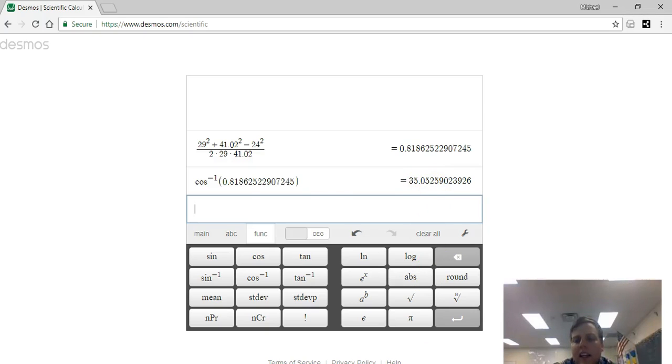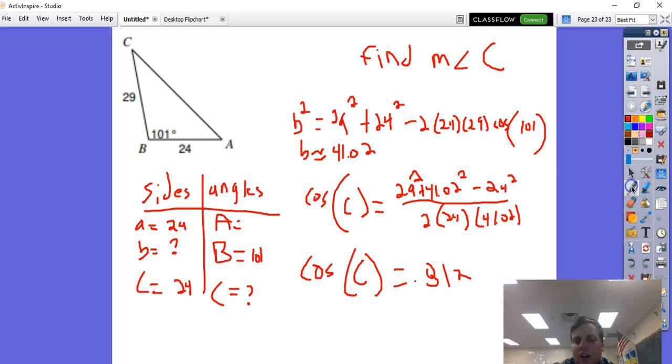So the angle I need, angle C, is 35.05. So the measurement of angle C is approximately 35.05 degrees.